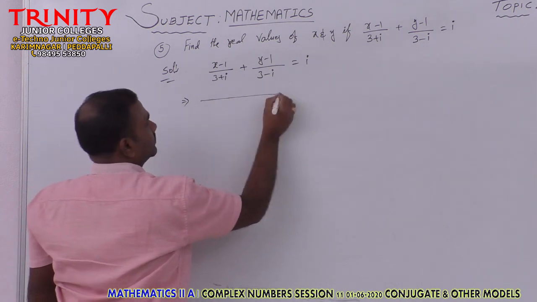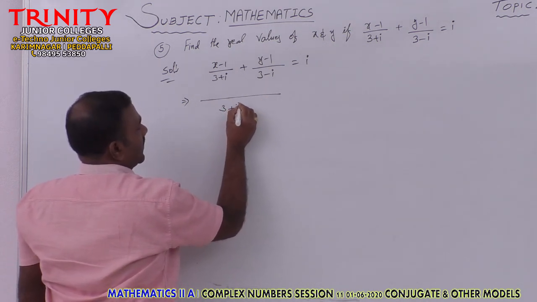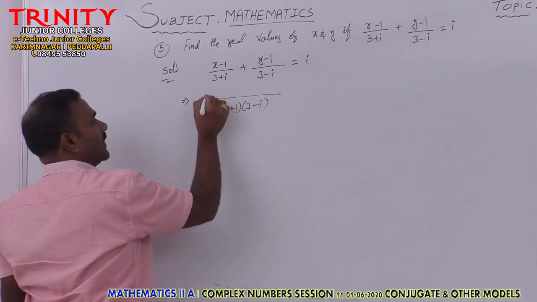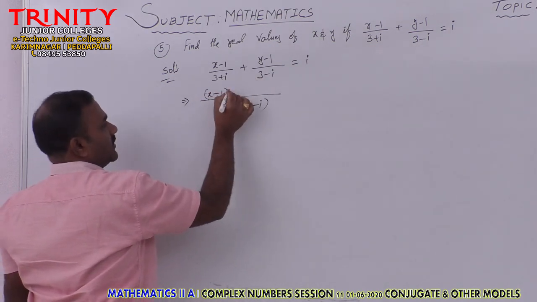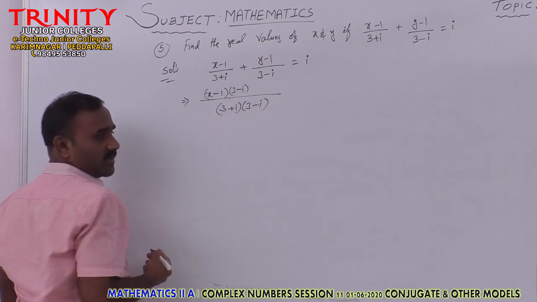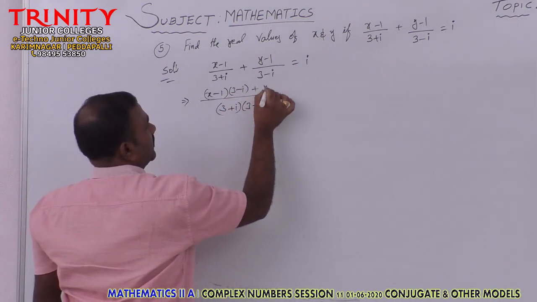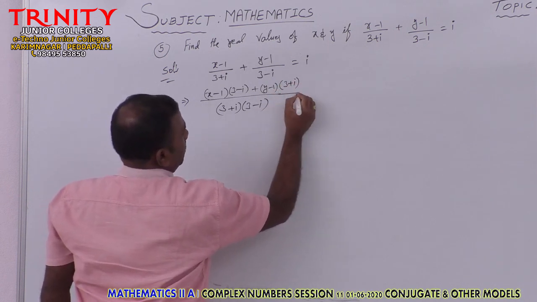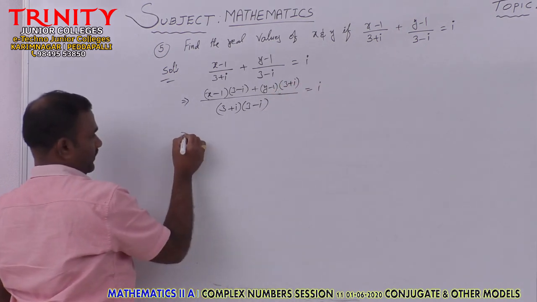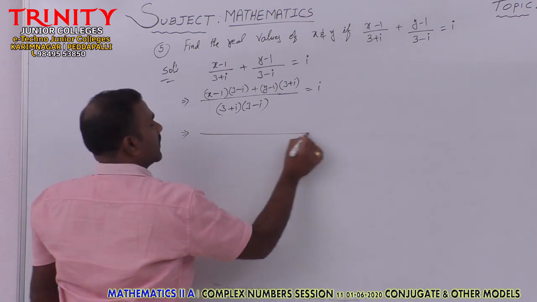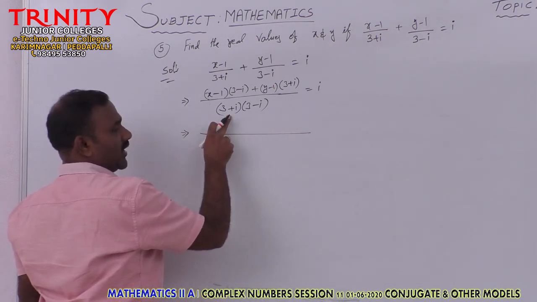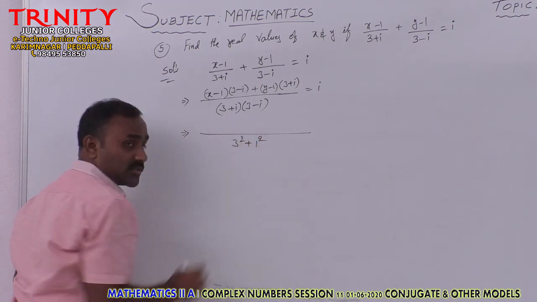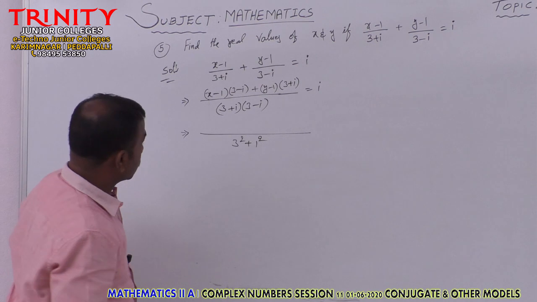Go for LCM: (3 plus i) into (3 minus i). Now it becomes (x minus 1) into (3 minus i) plus (y minus 1) into (3 plus i) is equal to i. Now the denominator part is (a plus ib) into (a minus ib), which is 3 square plus 1 square, that is a square plus b square.